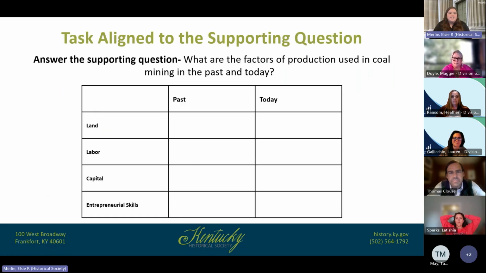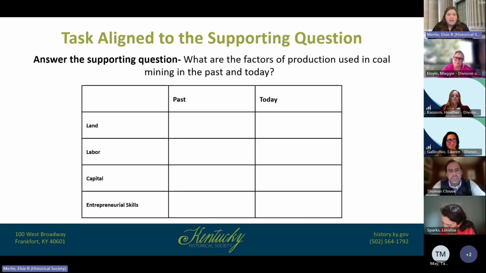All right, our task aligned with our supporting question. Our supporting question, just to review here, is what are the factors of production used in coal mining in the past and today? So please feel free to shout out any answers after you unmute yourself.